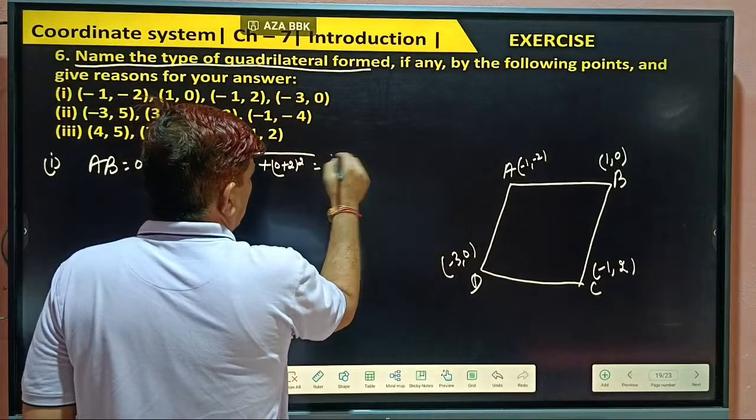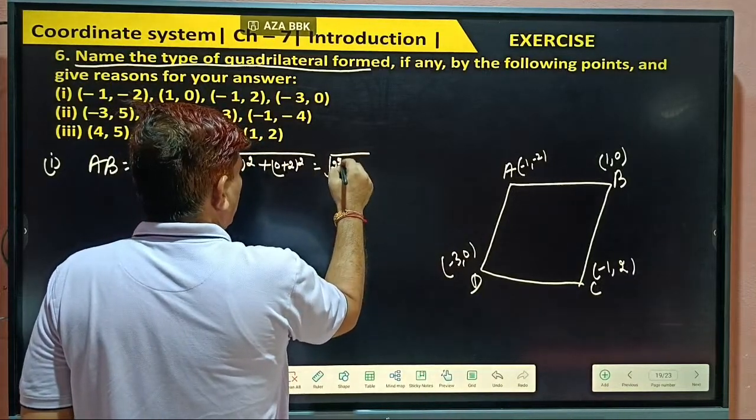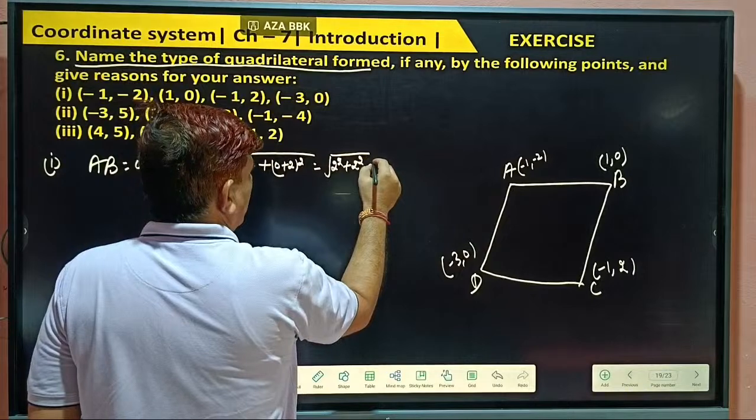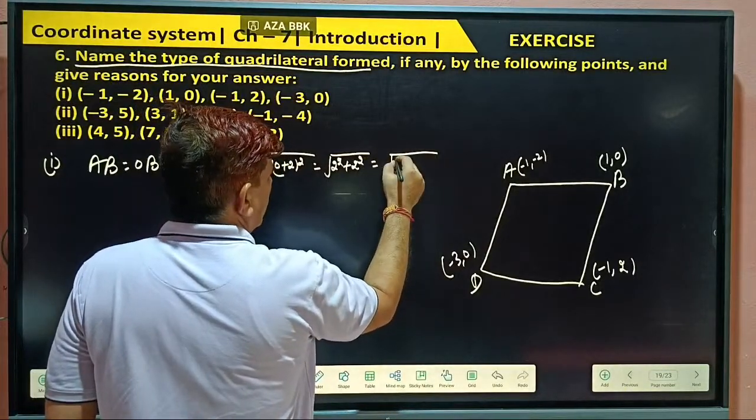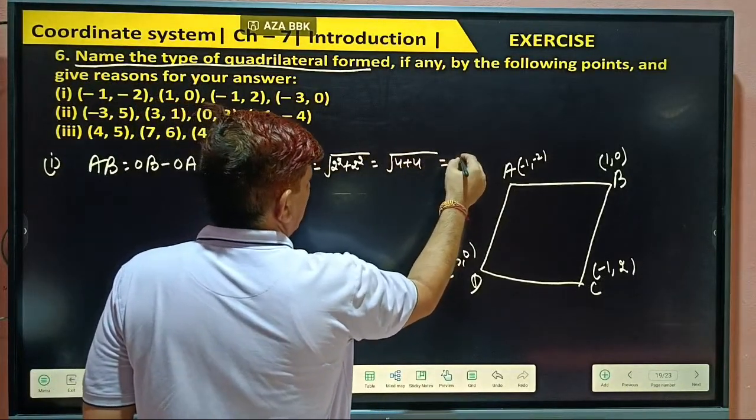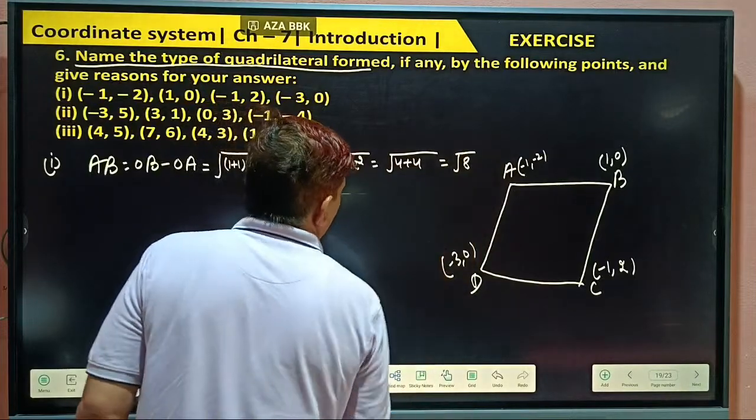If we solve this, it is 2 square plus 2 square, which is 4 plus 4, which is equal to root 8.